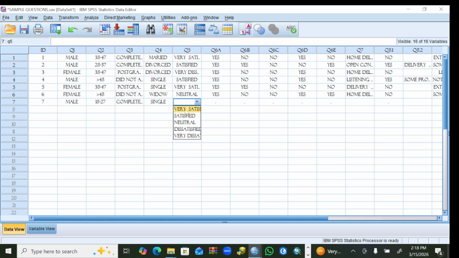Satisfaction is very satisfied. So he selected tea, coffee, chocolate, and then hibiscus and yogurt. Selected all.